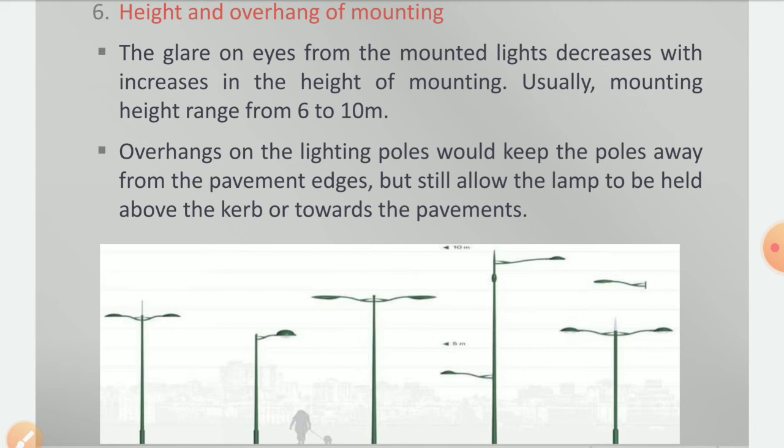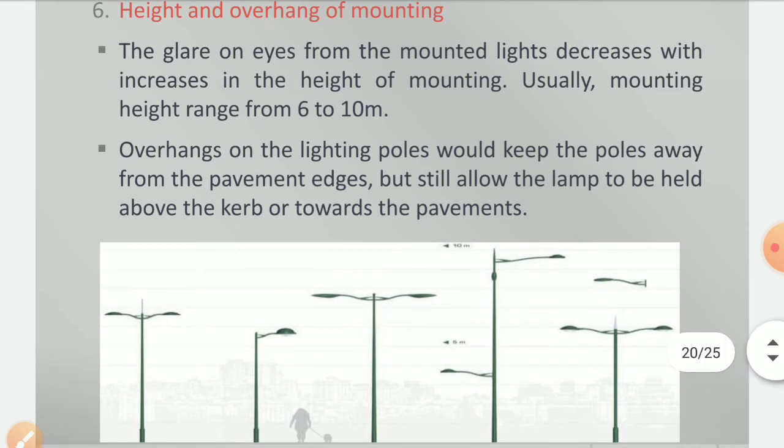If you place the luminaires farther away from the road, the glare caused by those lamps is less. So the usual practice for street lighting fittings is around 6 to 10 meters above the ground level or the road.